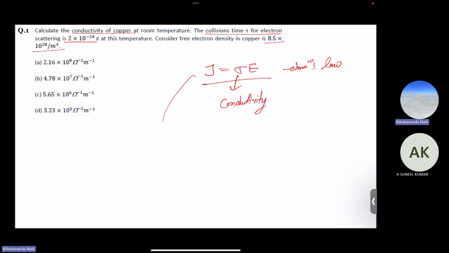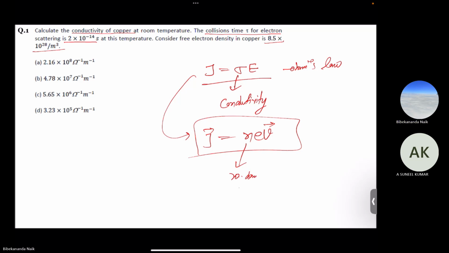Again, this current density J can be represented as J = nev, where n is the number density of electrons, e is the charge of electron, and v is the drift velocity.